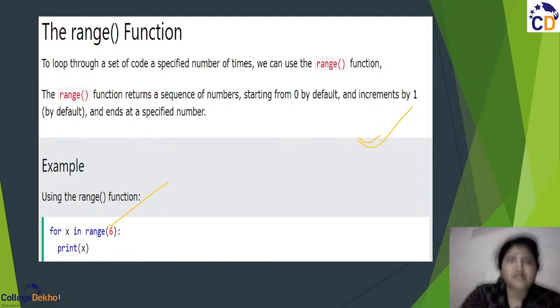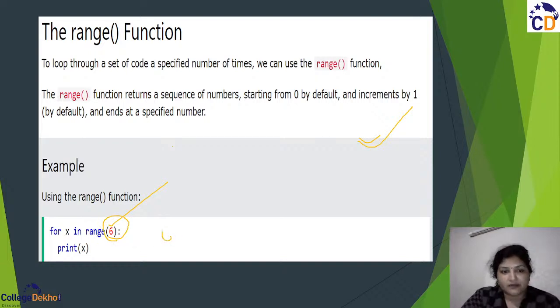And sometimes, like in this, we directly write the 6. Now what is 6? 6 means from 0 it is starting, right? And till what part it is going to end? Till 6, when it reaches 6, and the number of units would be 1, right?